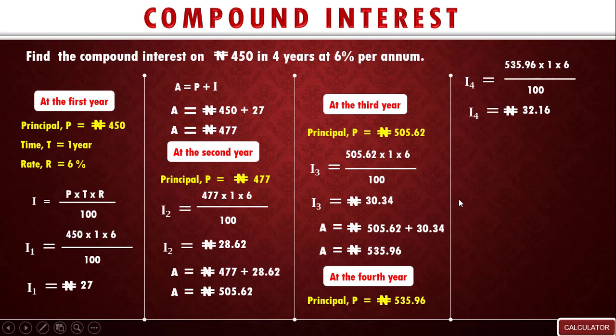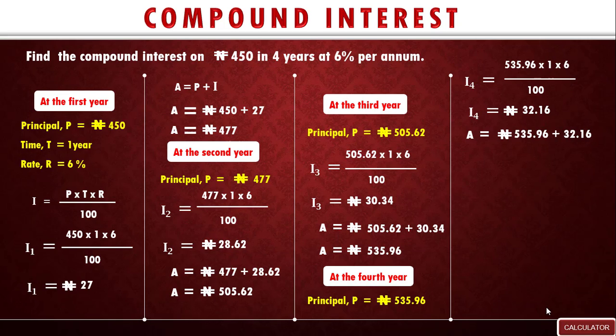The next thing to do now is to get the amount at the 4th year. For the amount at the 4th year, we apply the same formula, A equals P plus I. So our amount will be the addition of the principal at the 4th year and the interest that we got at the 4th year. So amount equals 535.96 plus 32.16.